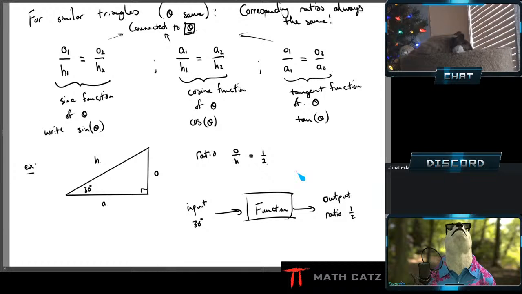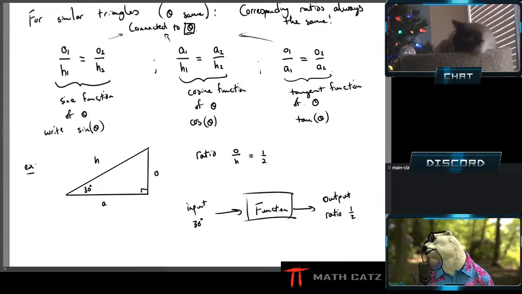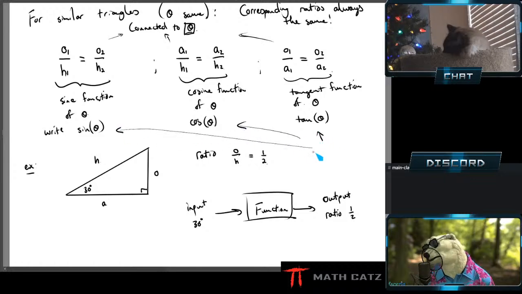Now these are built in to your calculator. Unless you manually want to draw a triangle and measure the side lengths and calculate the ratios manually, you don't have to ever do that. So these are our trigonometric functions.